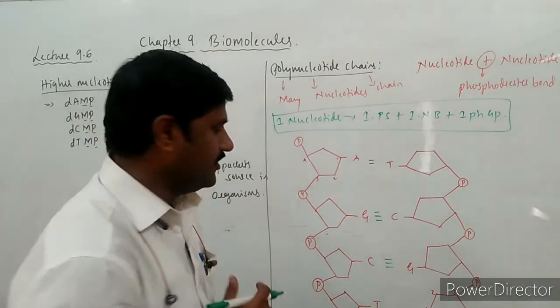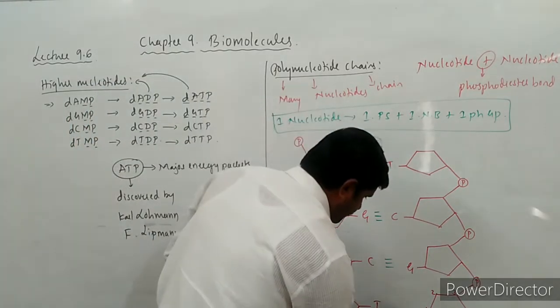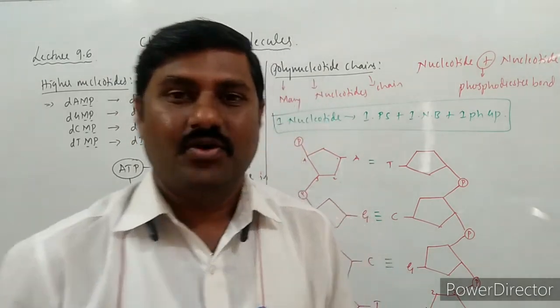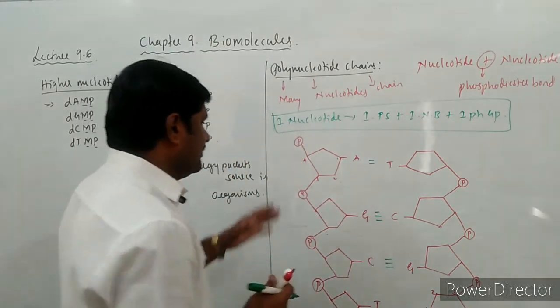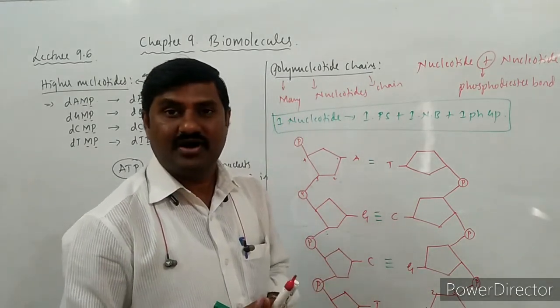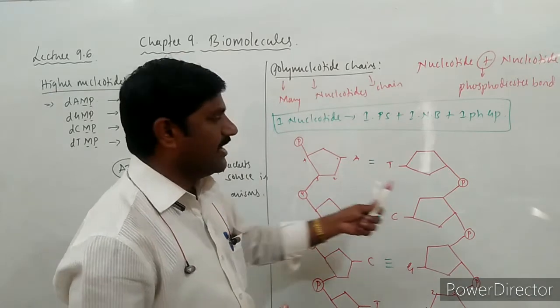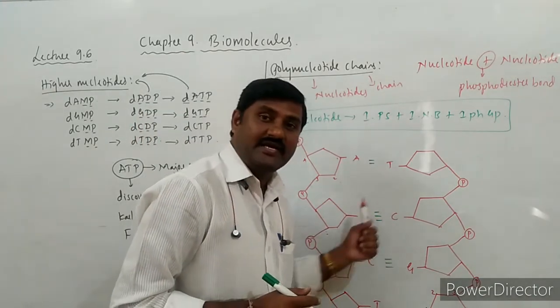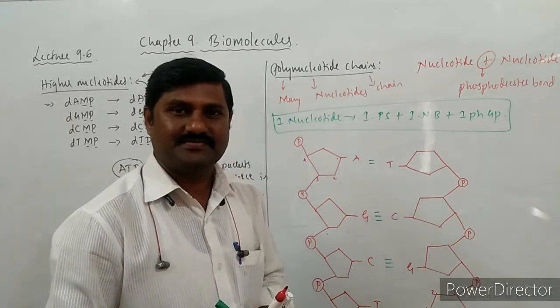They are complementary to each other. And here two hydrogen bonds. What does it suggest? DNA is made up of two polynucleotide chains. Right? Both are complementary to each other.